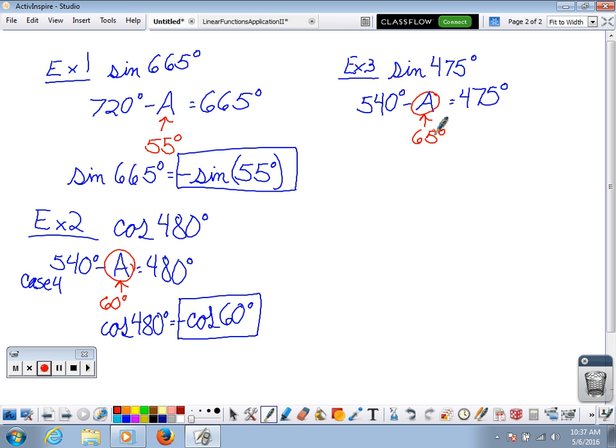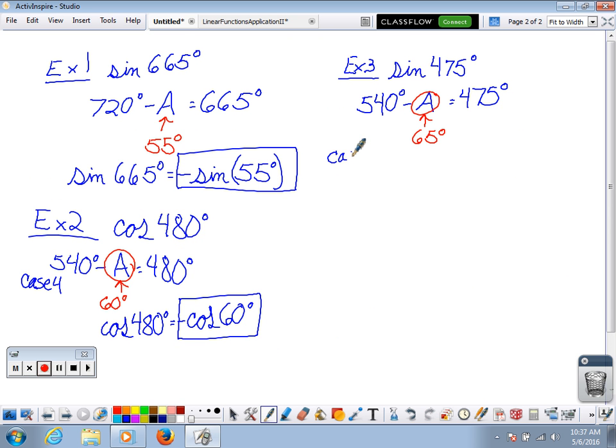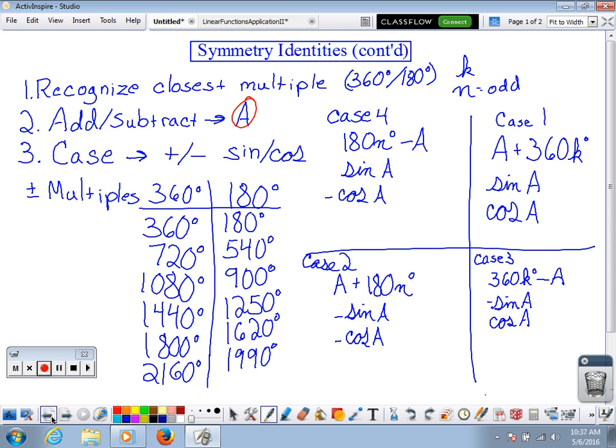Okay, so I've got a multiple of 180 degrees, and I'm subtracting from it. Which case is that? Ian? Case 4 again. Okay, and in case 4, talking about sine, does sine stay the same or does it change?